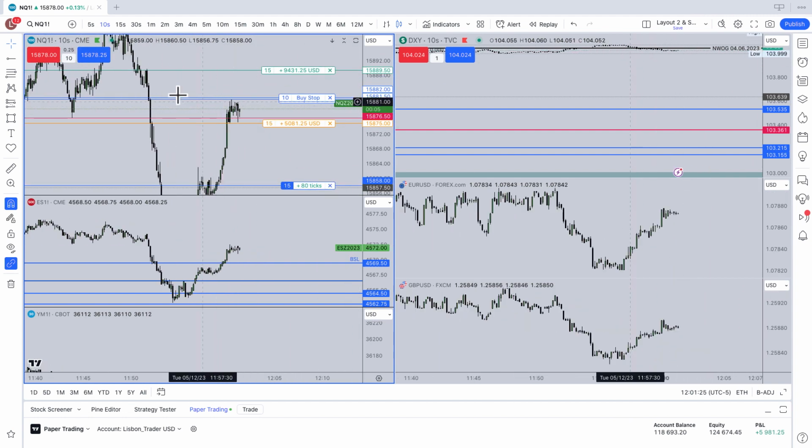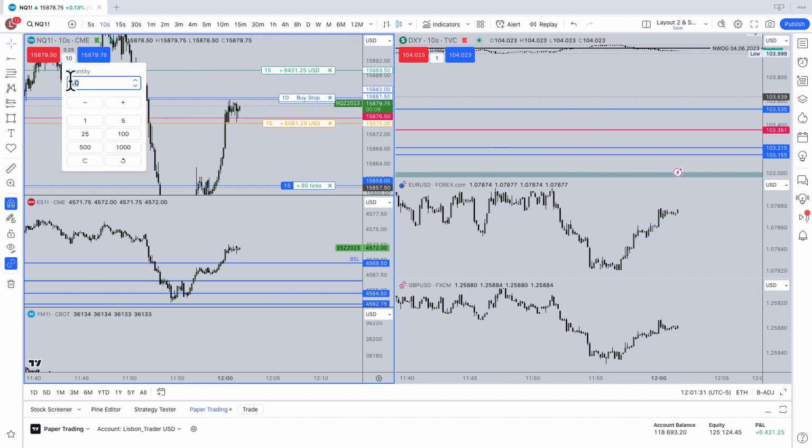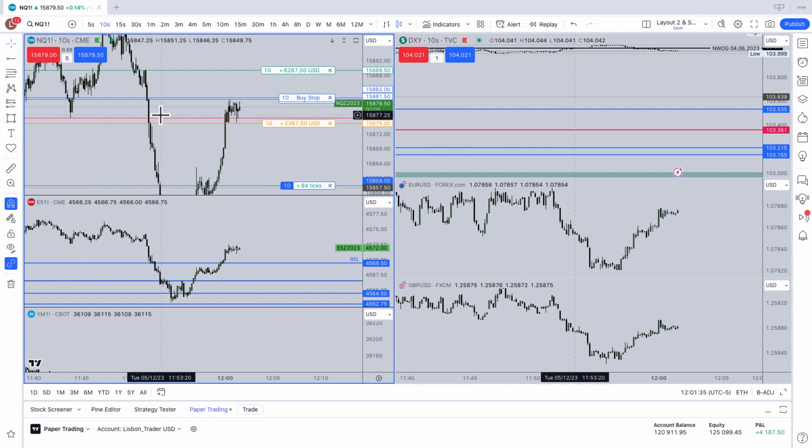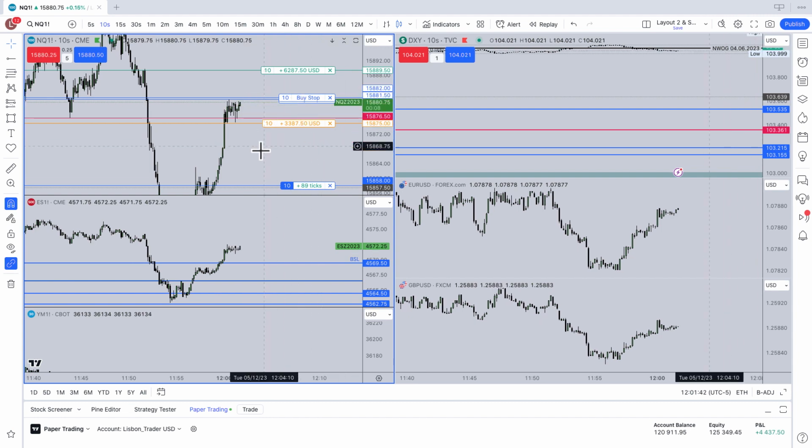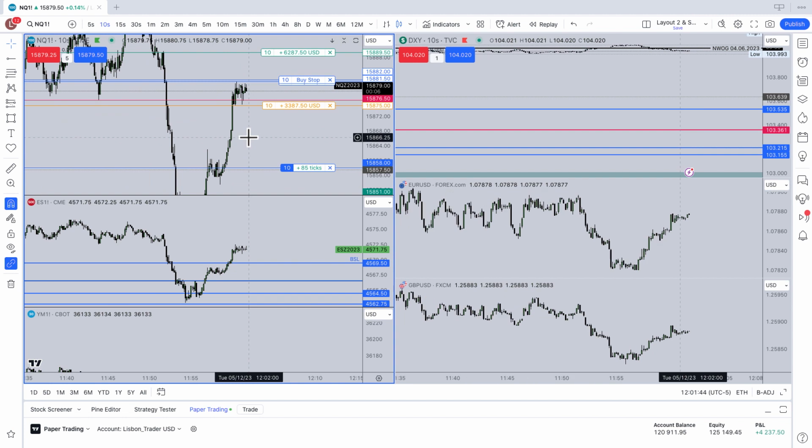It's already returning back. Yeah. Let's do like this. Selling. And we'll have still a break-even trade if these buy stops are triggered.